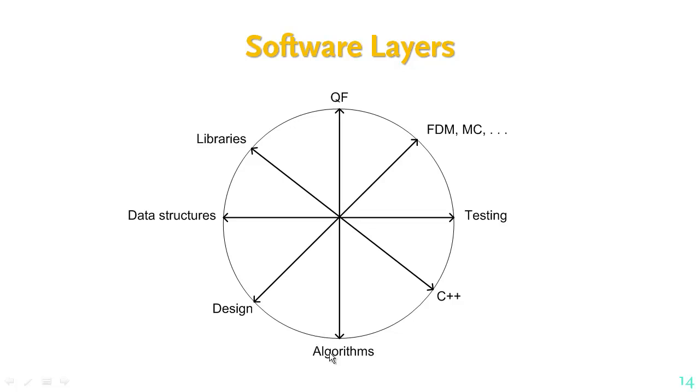We need algorithms. The algorithms are part of your core business. And we implement it in C++ and we do testing. So this is a very general structure, and this is something that will occupy your waking hours in the next number of years, if you decide to continue writing applications for quantitative finance or any applications.